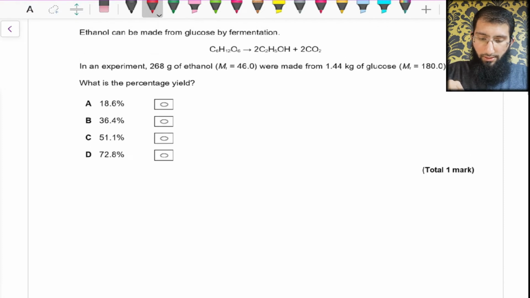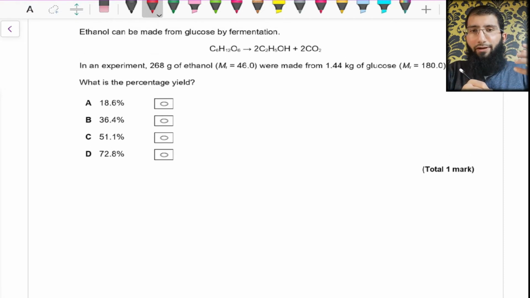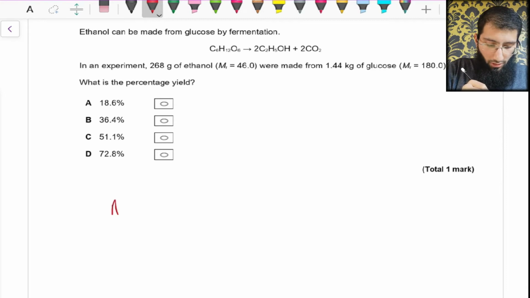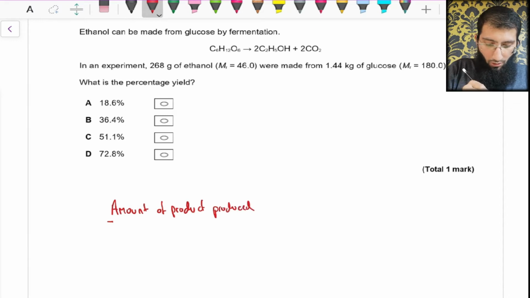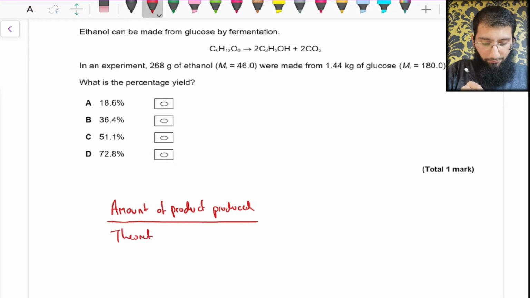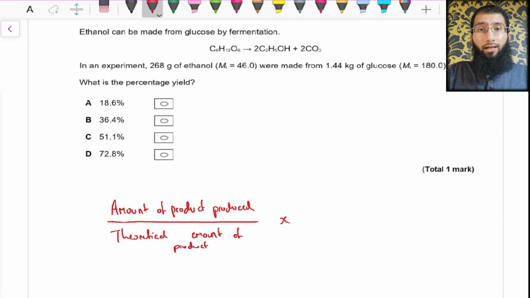So I'm going to write this down as, and notice I'm using the very ambiguous term amount of product: amount of product produced over the theoretical amount of product multiplied by 100.